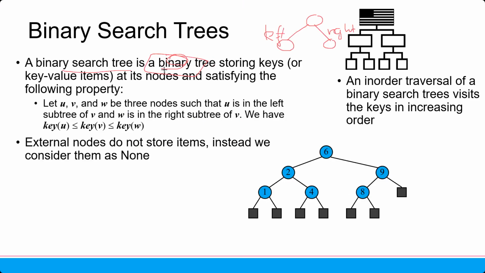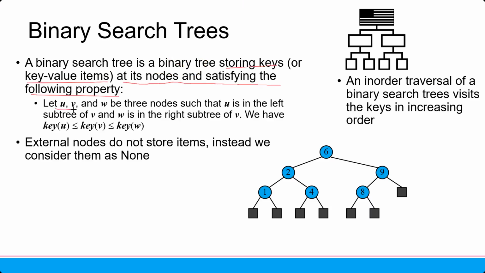So a binary search tree is a binary tree storing keys or key-value items at its nodes and satisfying the following properties.